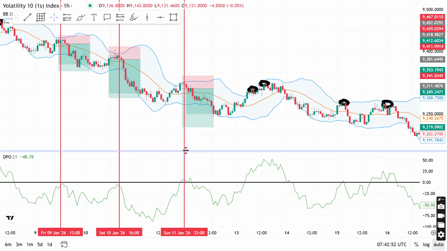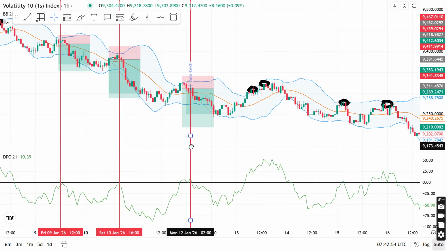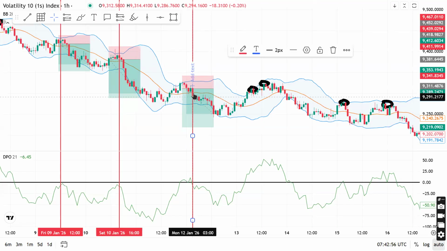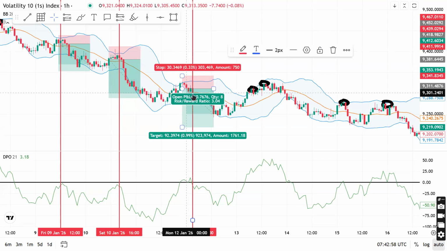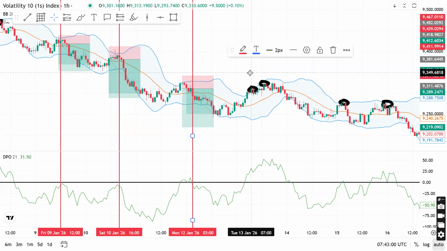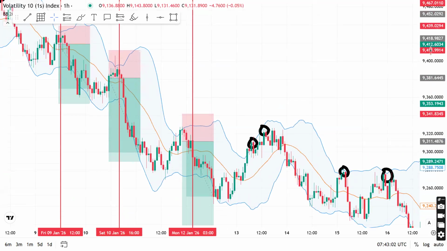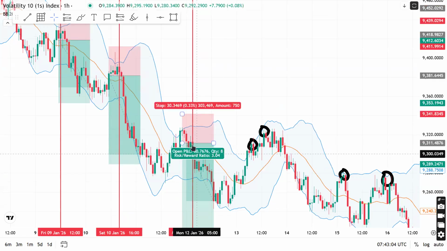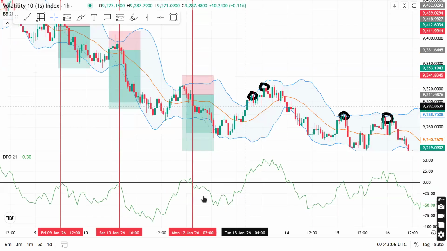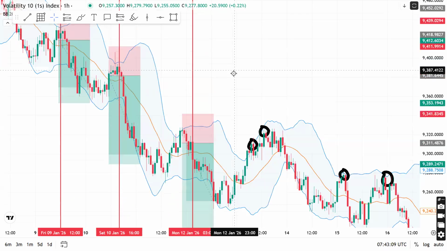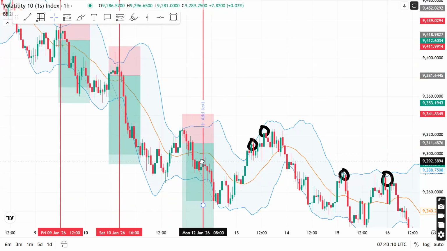Now, someone would want to ask, sir, what if it crosses back? Now, if it crosses back at this point, make sure that it has not gone below the midpoint of the Bollinger Band, and this is very important because at this point where you want it to cross back so that you can enjoy the trade, it's already moving in your direction.